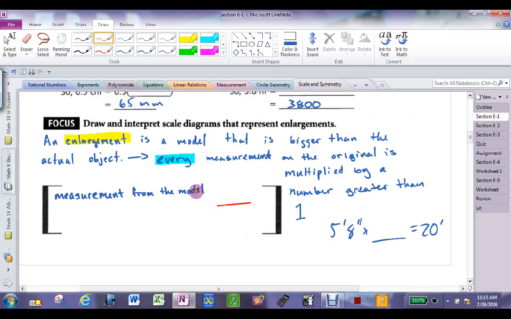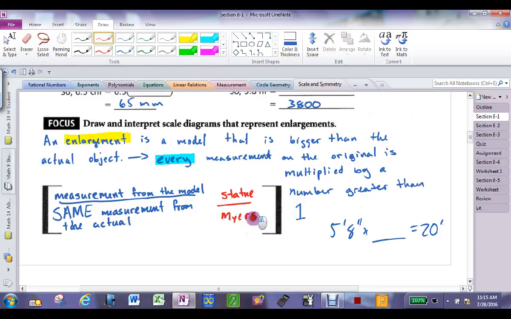The model. That's the statue. And I divide it by the same measurement from the actual. So that would be Myers. Everybody got it?